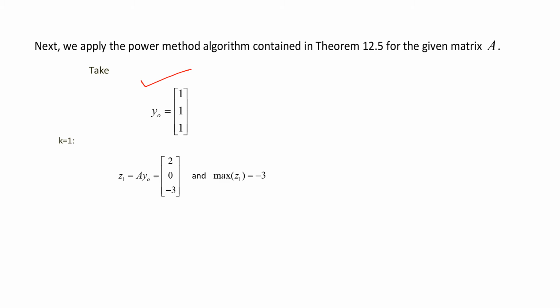So z1, by the given formula, is a vector obtained by multiplying matrix A with the initial guess y naught, and we take the maximum of z1. The maximum of z1 is minus 3, which is located here.